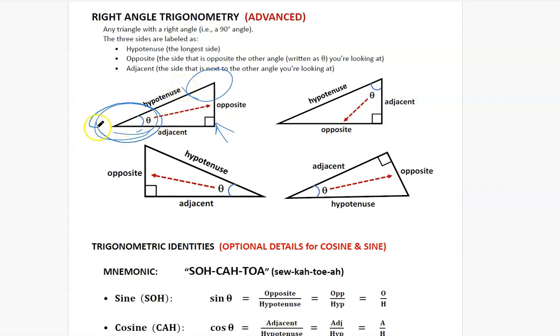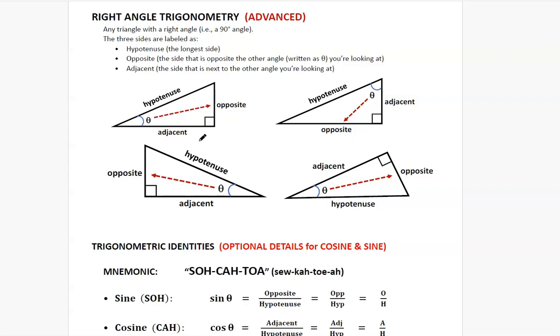So if we're interested in this angle, we'll call that one theta. The side opposite of theta is just called the opposite side. And the side next to theta is called the adjacent side. So those are pretty basic names that are always relative to whichever angle you're talking about.